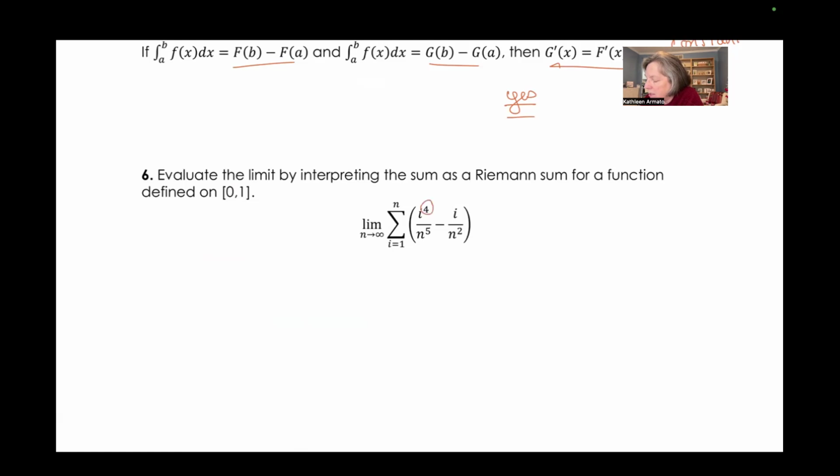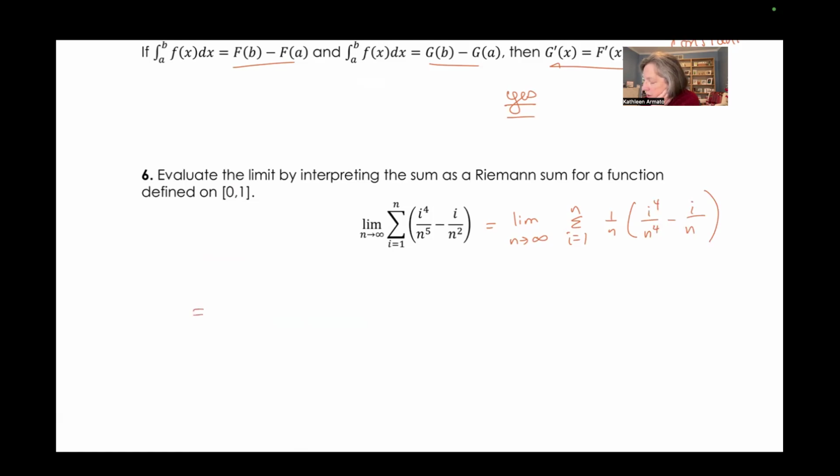But noticing that this is to the 4th and that's to the 5th power, maybe I should factor out a 1 over n. So let's do that. So 1 over n, i to the 4th over n to the 4th minus i over n. Well, that's looking more like what we're used to seeing.